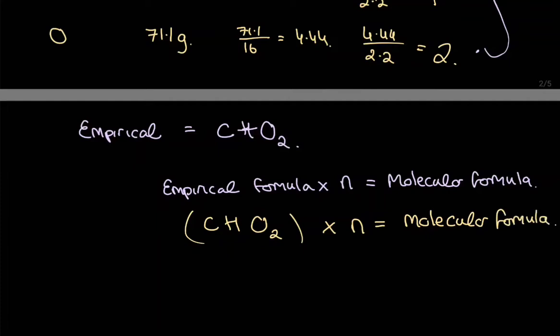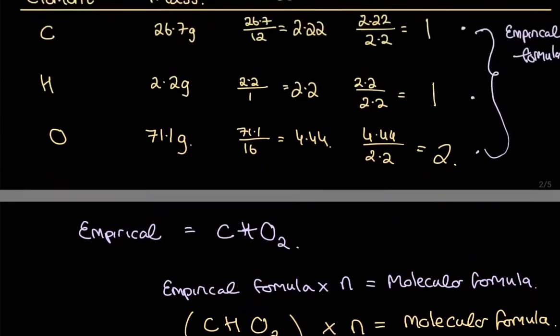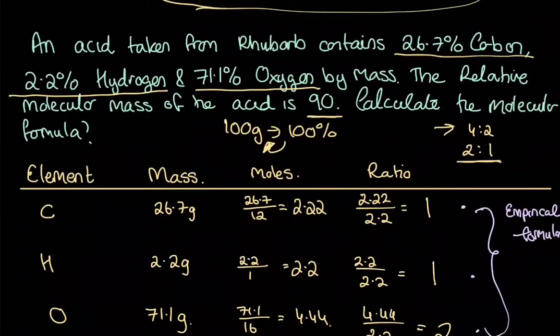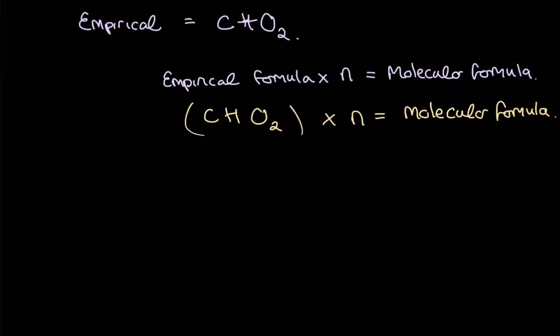Now what you want to ask yourself is, do I know anything about the actual final molecule? I know its relative molecular mass, don't I? It's 90 right there. So I'm going to convert this formula into a mass. I know the molecule I'm dealing with has a relative molecular mass of 90, so I'm going to put 90 in there. I don't know what N is.